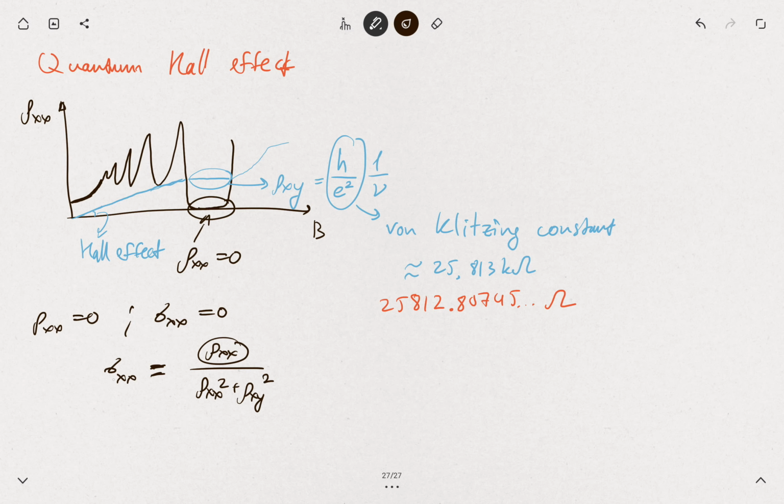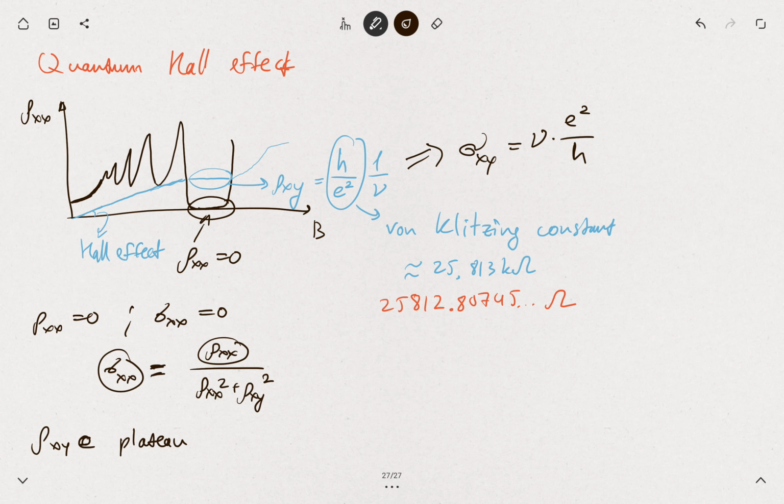So because rho xx is 0, the sigma xx is also 0, and the rho xy has a plateau. You can also write the expression for the sigma xy. It's the filling factor times e squared over h. And it's just reciprocal because the rho xx components are 0.